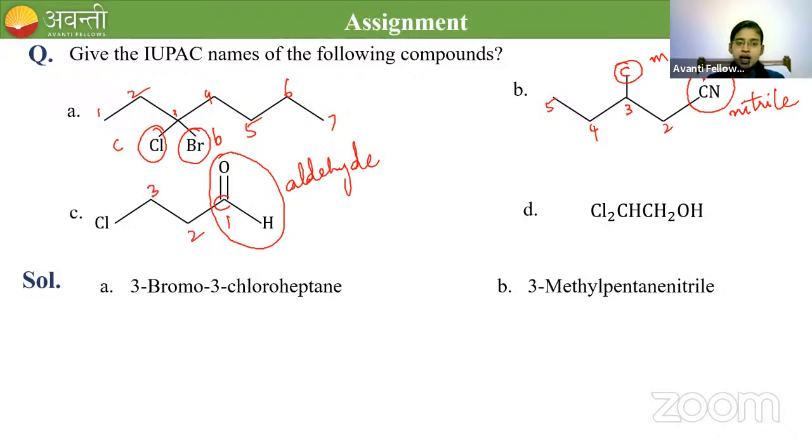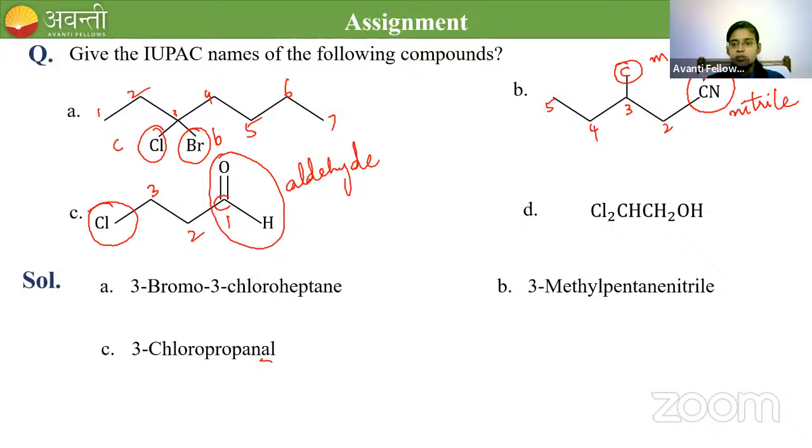To the third carbon, chloro is attached. So it is 3-chloro-propanal. It is an aldehyde, right? The parent chain has 3 carbons. So it is 3-chloro-propanal.